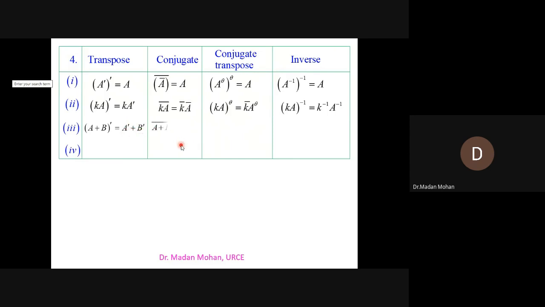Similarly, A plus B conjugate: conjugate of a sum of matrices is the sum of conjugates of matrices. Similarly, conjugate transpose you can separate. Now it is addition. Now, similarly, A plus B whole inverse equals A inverse plus B inverse.